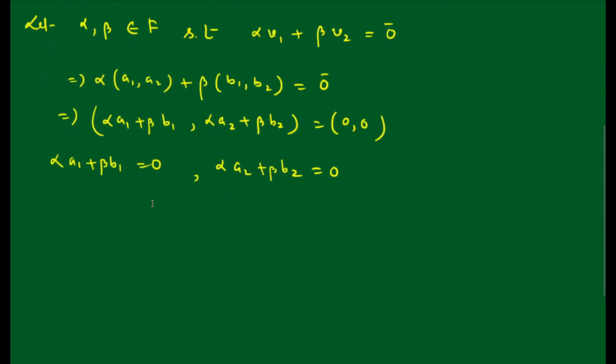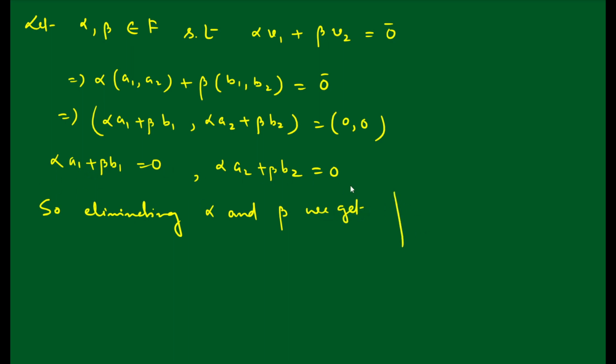After that, what to write? Since we are getting two different equations here, finally we'll write: since the vectors are linearly dependent, eliminating alpha and beta, we get. So how to eliminate alpha, beta?